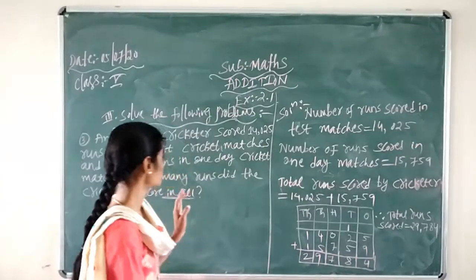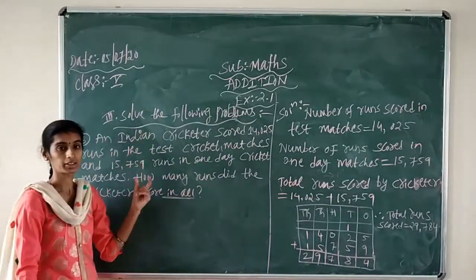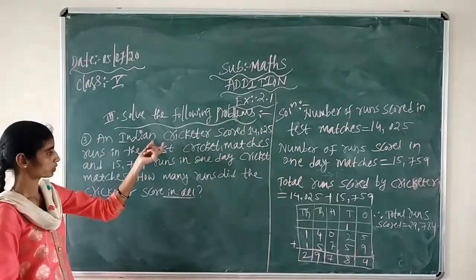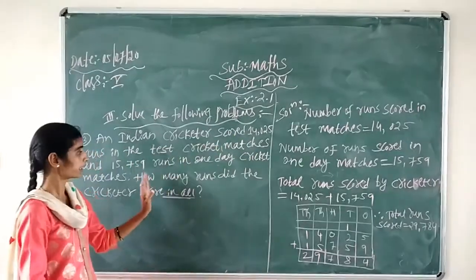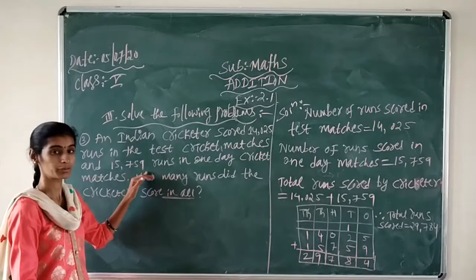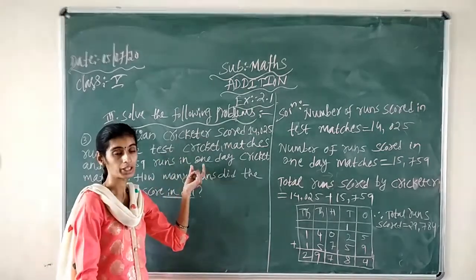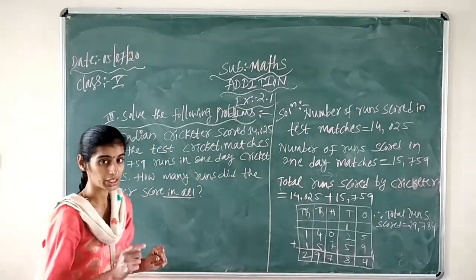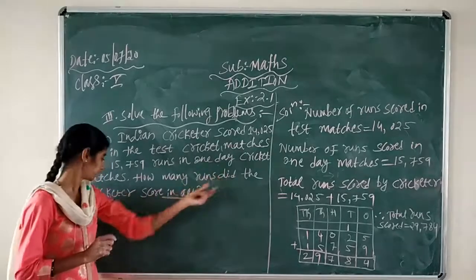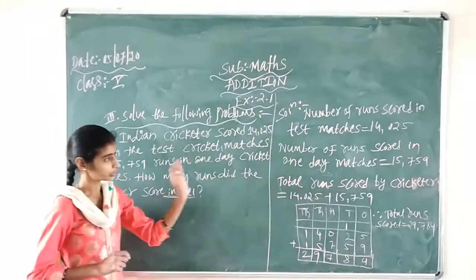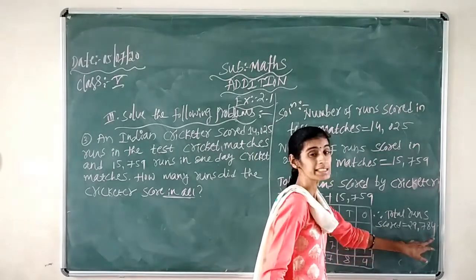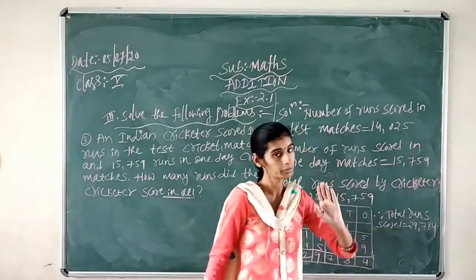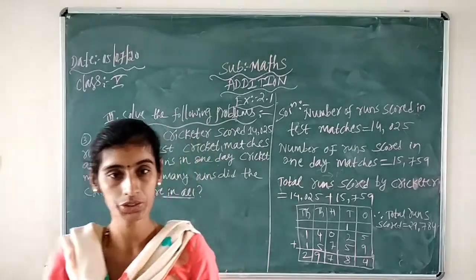So what was the question, children? The cricketer scored 14,025 in test matches and 15,759 in the one day matches. Next, what was our last question? How many runs did he score in all? So in total he has scored 29,784. I hope you all understood, children.